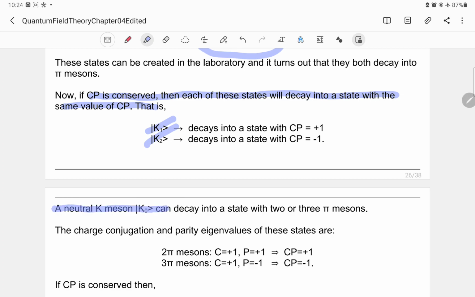A neutral K meson can decay into a state with 2 or 3 pi mesons. So the charge conjugation parity eigenvalues of these states are this one. If you produce 2 pi, then CP is just equal to 1. If there are 3 pi's, then CP would be -1.